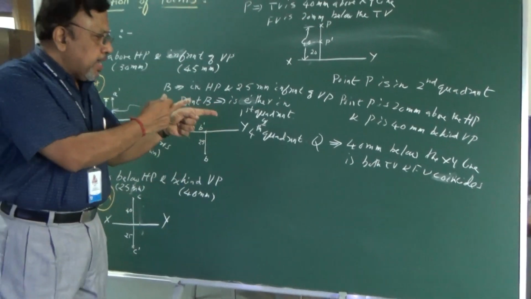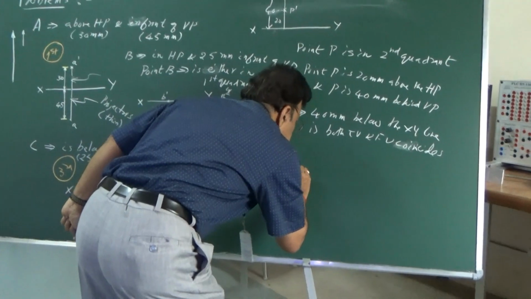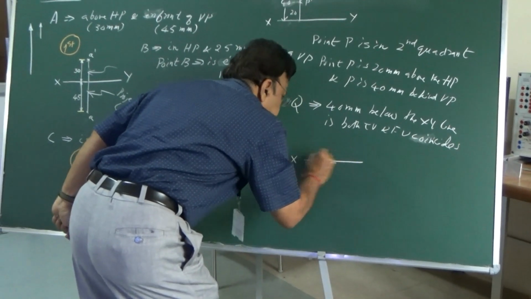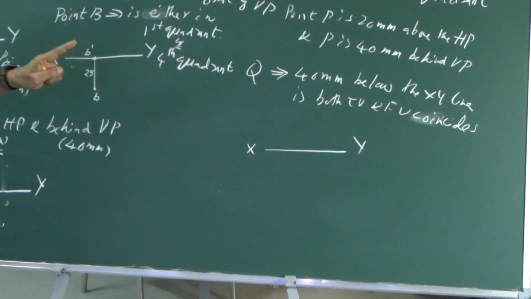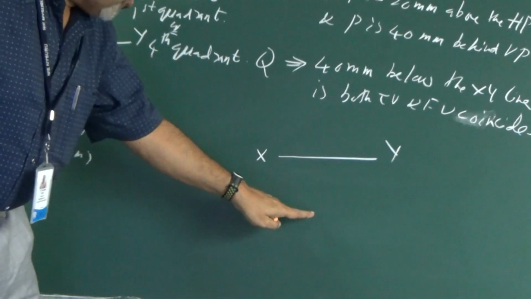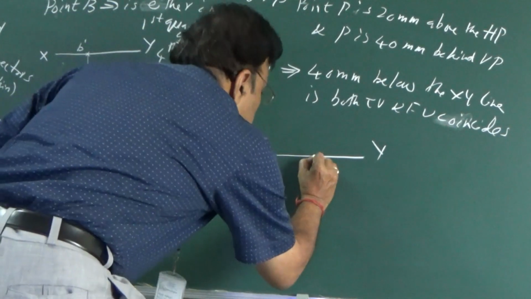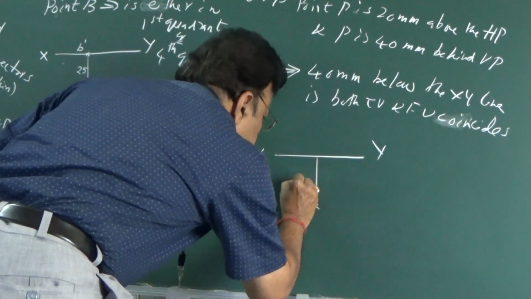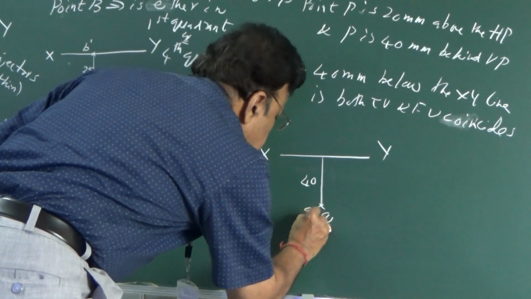So as usual again I have given the projections. Once I give the projection, I should draw this XY line. Now it is given that this particular point 40 mm below the XY line represents both top view and front view itself. So I will simply draw this. I will take 40 mm. Let us say this point is Q as well as Q dash.